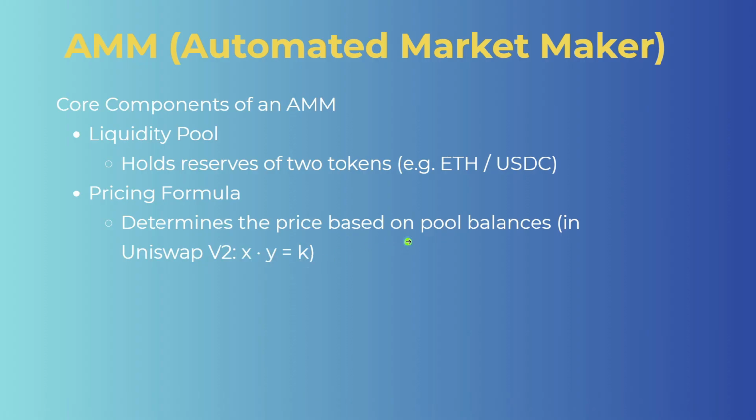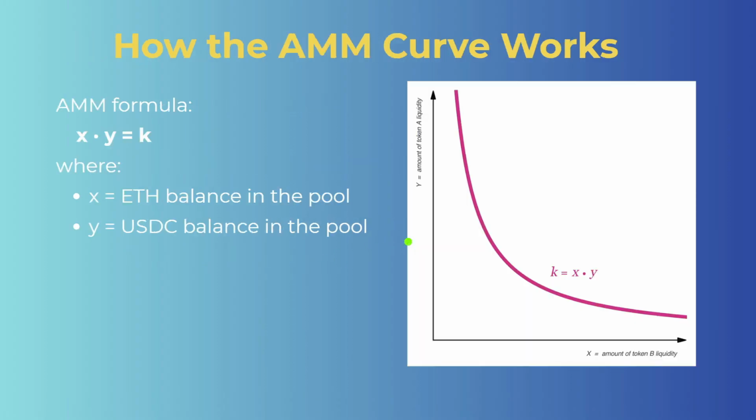So this is the price formula. Now we will understand better. The AMM formula is that, for example, for a pool ETH USDC, the ETH balance in the pool times the USDC balance in the pool must stay constant at any time. So as we can see, the price can change along this curve here.